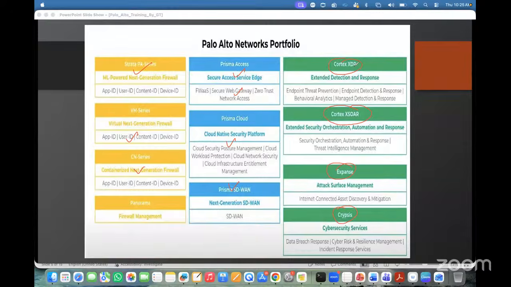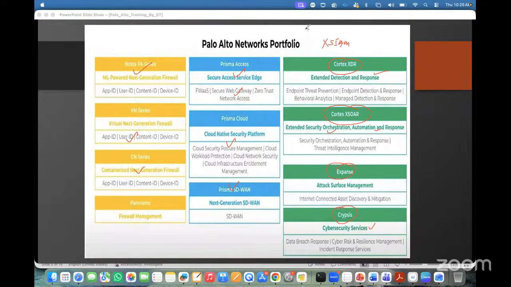So these all are going to be there. Extended detection and response, extended security orchestration and automation response. It's XSOAR. Attack surface management, cyber security services. So basically, these all have been replaced with a new course in Palo Alto that is known as Cortex XDR. This is a new solution they brought to the market.